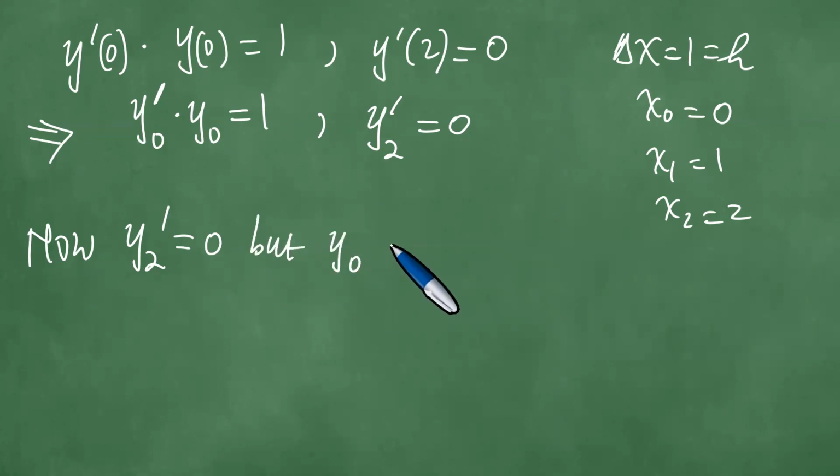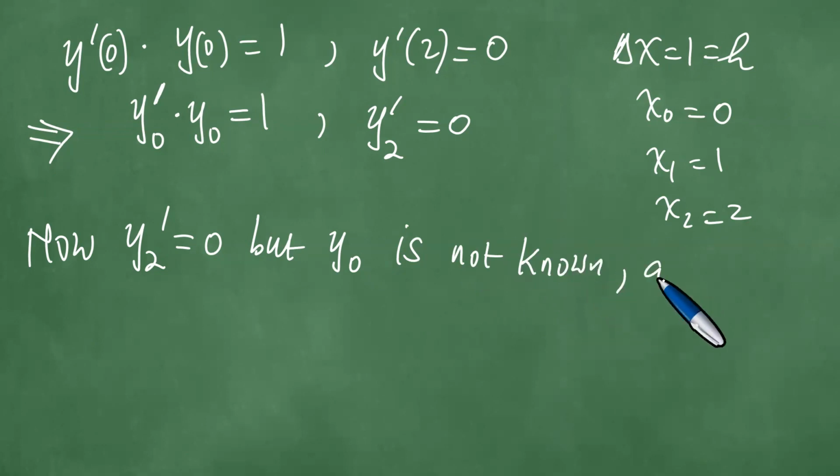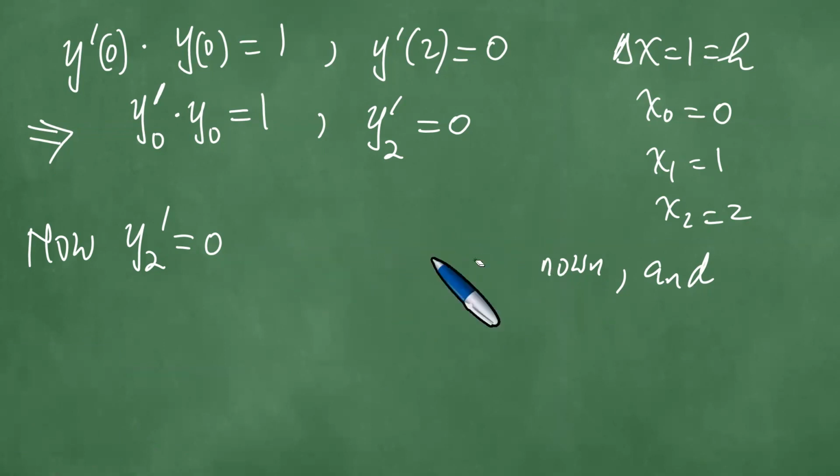But why not? Is not known. Is not known. And therefore, okay, I can write that. Let me write more. Okay, I can just add something here for completeness of this.